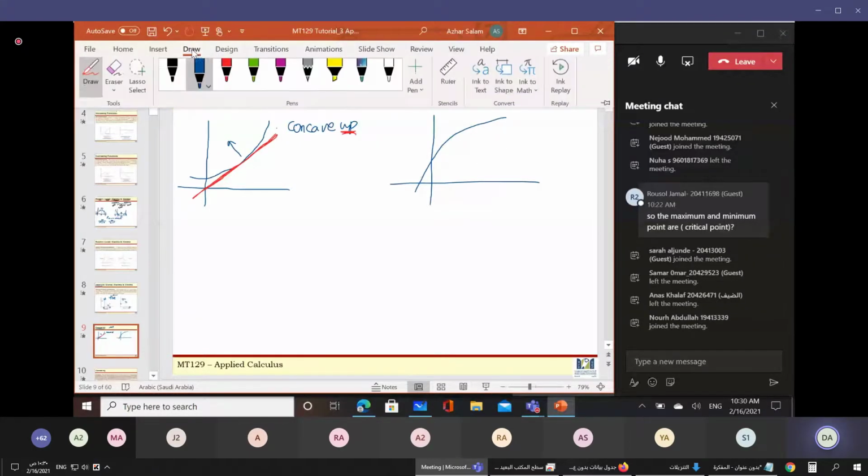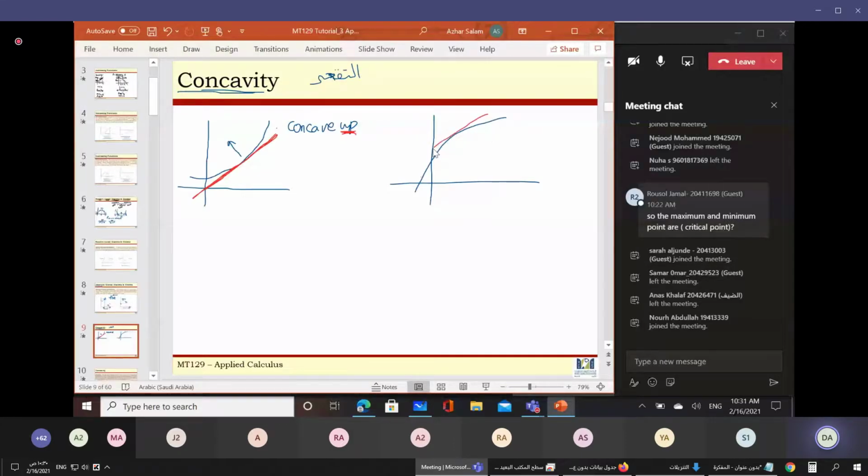But here, if I draw a tangent at any point, of course, if I draw a tangent, okay, here, the tangent lies above the function. So the function is down the tangent, okay? So it's concave down. Here the concavity is going down. This is concave down.